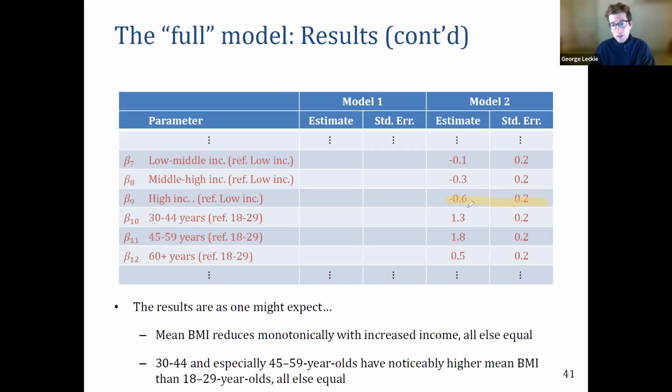Relative to the youngest group, clearly all 3 of these categories are significantly different, but the real big differences are when we look at the 45 to 59-year-olds who have higher mean BMI than the young by some 1.8. So those strata characterized by older individuals, averaging across all the other variables, are systematically higher BMI than the young.